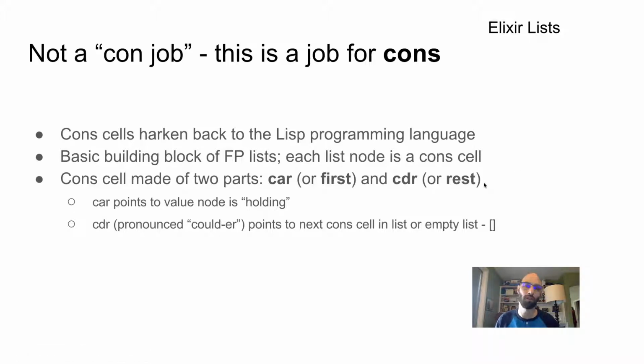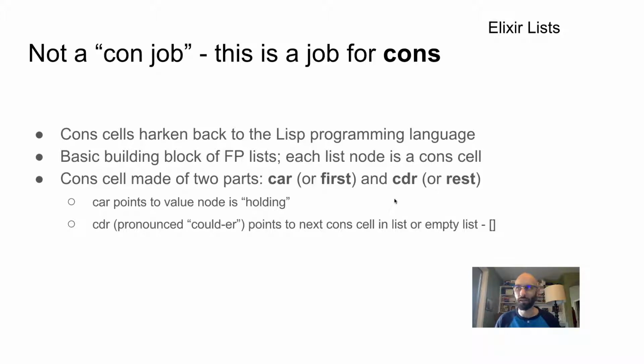Cons cells, historically, harken back to the Lisp programming language, and in Lisp, it was a function called cons that was short for construction. Cons is the basic building block of functional programming lists. Each list node is a cons cell.